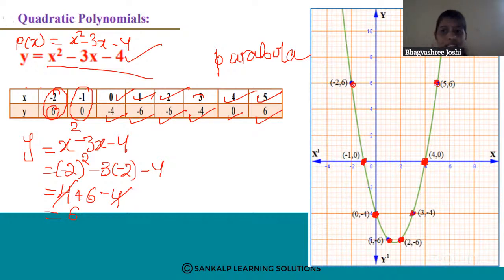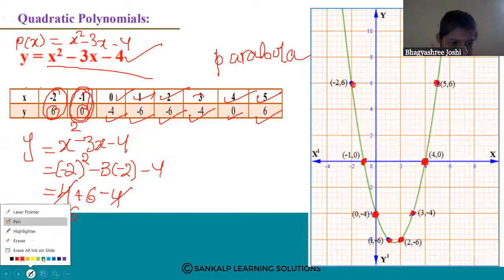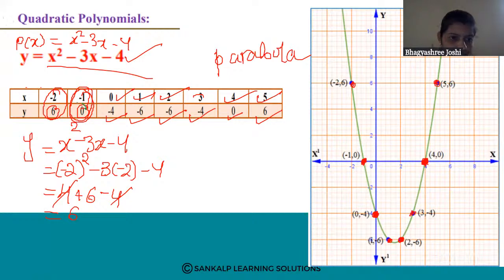Now for the zeros, where the value of y is 0. Observe carefully in the table. Here -1, 0, y value is 0 here. Next, where is the y value 0 again? Here.